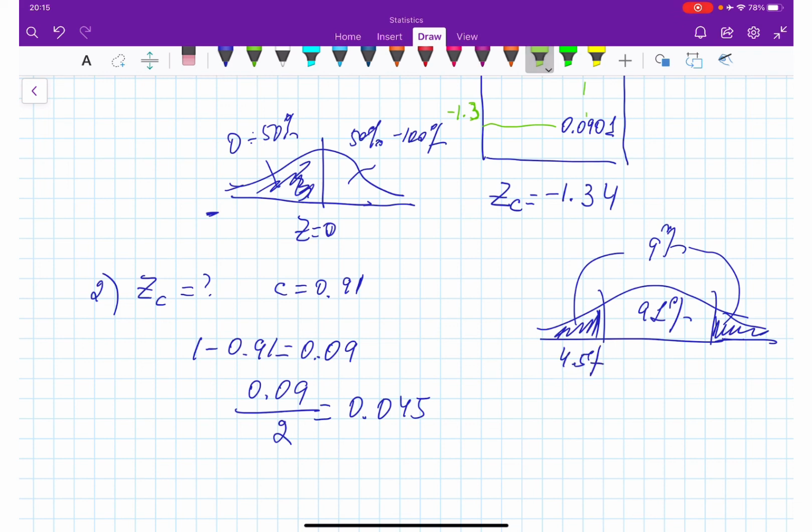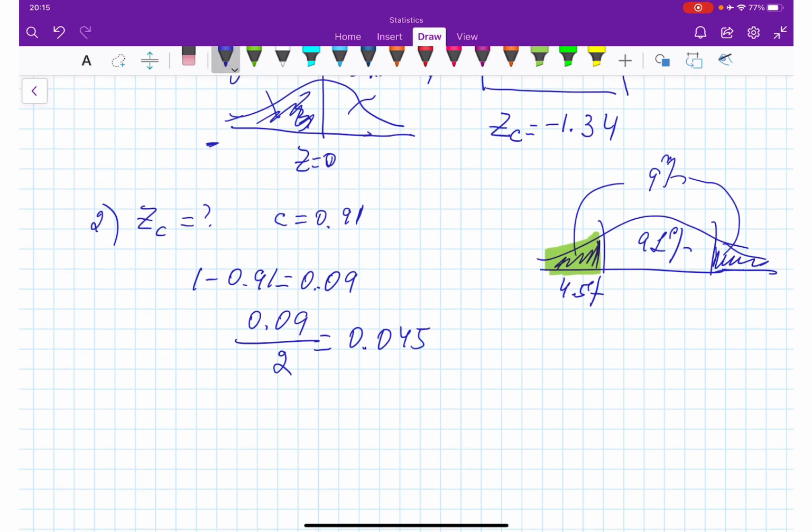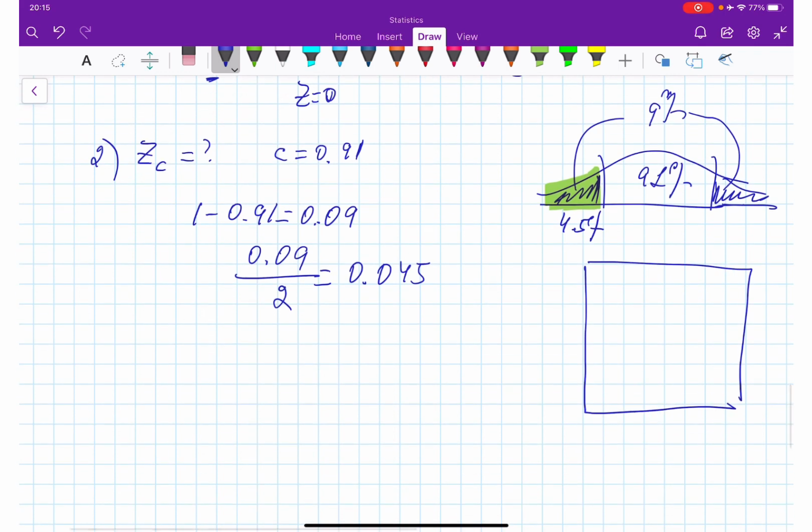So I need to look in the table for 0.045 and find the approximate value. Keep in mind that we are looking in the negative z-score area because 4.5% is less than 50%.